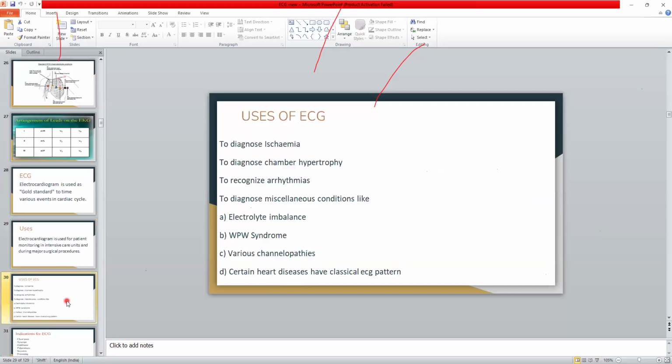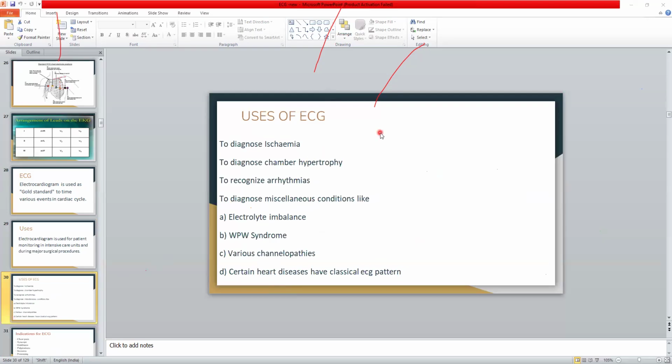Coming to the other uses of ECG, we require ECG to diagnose ischemia, most importantly the changes that occur during myocardial infarction, and also to diagnose chamber hypertrophy.